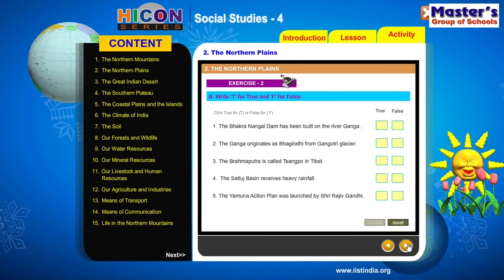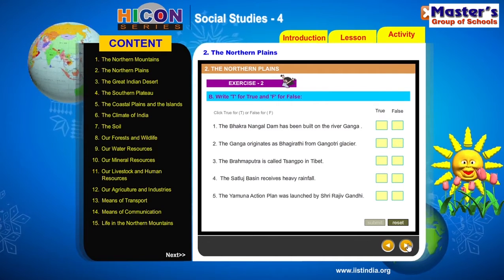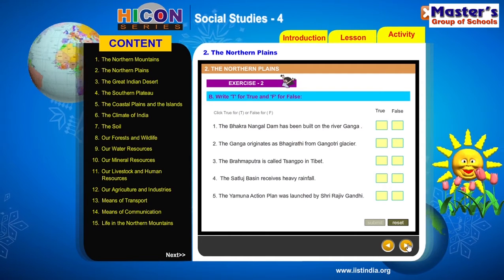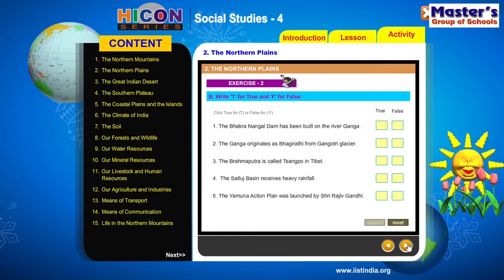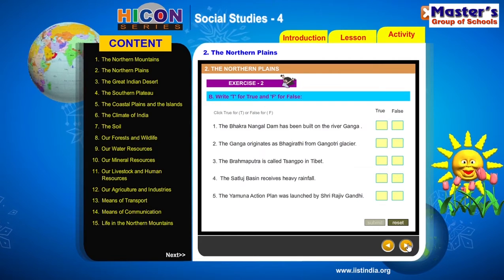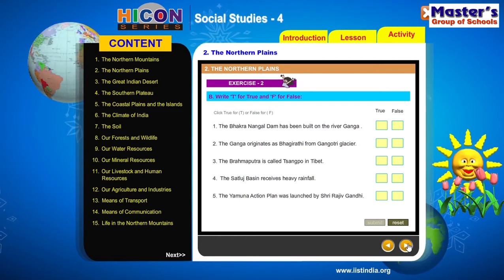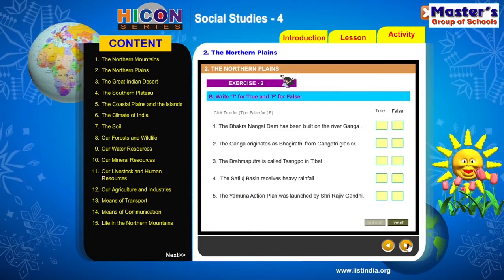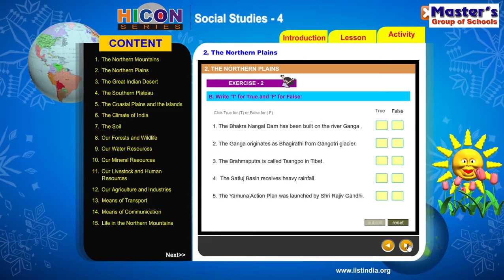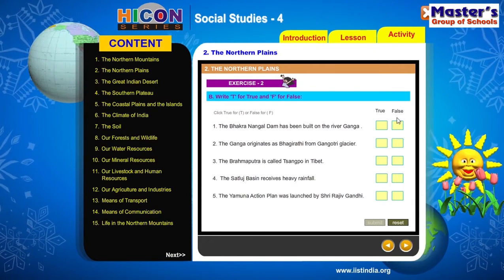First one, the Bhakra Nangal Dam has been built on the river Ganga. We have read about the Bhakra Nangal Dam, but that was not on river Ganga, isn't it? Yes, Bhakra Nangal Dam has been built on the river Satluj and not Ganga. So what is the answer?